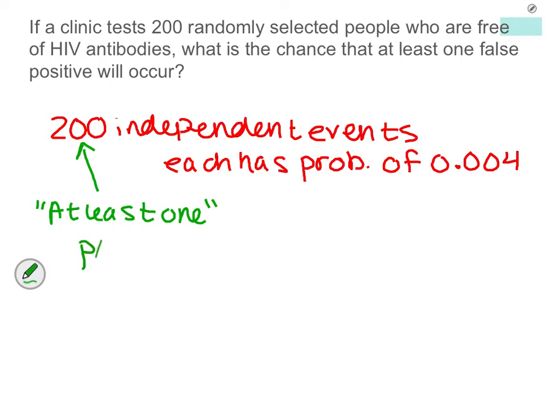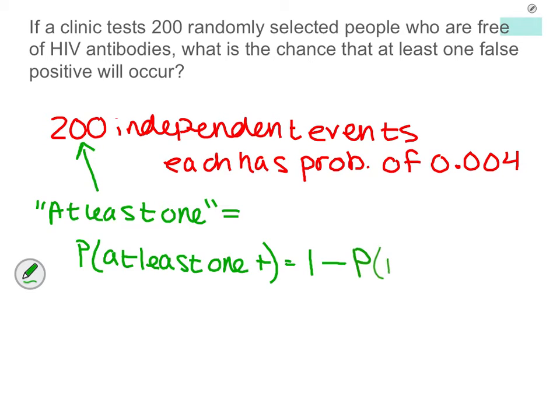So this is like saying the probability of at least one positive would be 1 minus the probability that there are no positives, because we talked about the idea that it's the opposite of none.